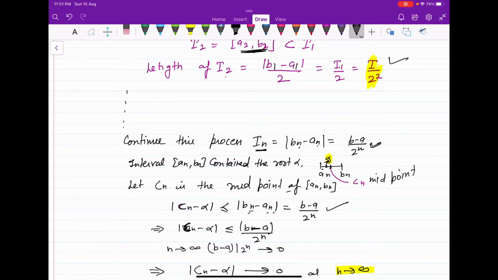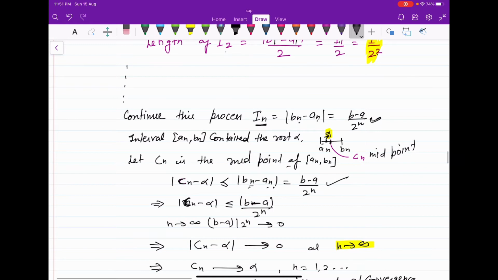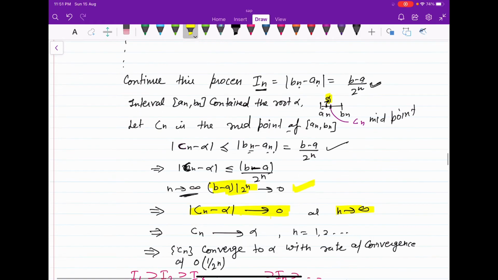Now, if n is tending to infinity, the term (B minus A) upon 2 raised to power n, with 2 raised to power n in the denominator, is tending to 0. So this implies that Cn minus alpha is tending to 0 as n is tending to infinity. So Cn is tending to alpha, for n equal to 1, 2, 3 and so on.